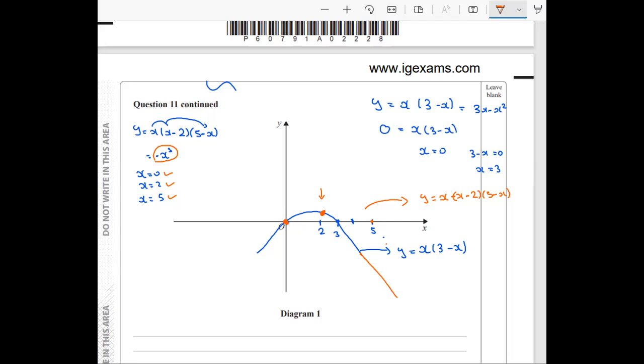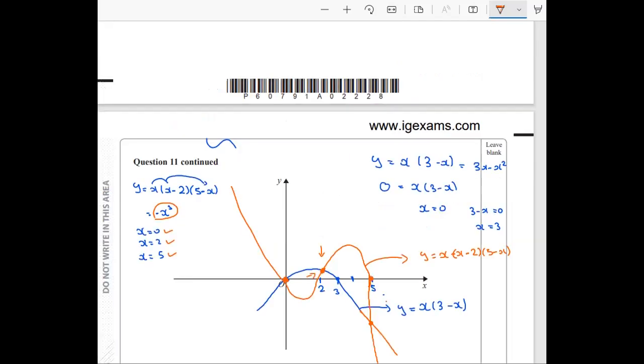So it would be from here to here, and then it's going down like that. So this is also an intersection point. But we are only interested in the point which is in the first quadrant, that is this one, okay?